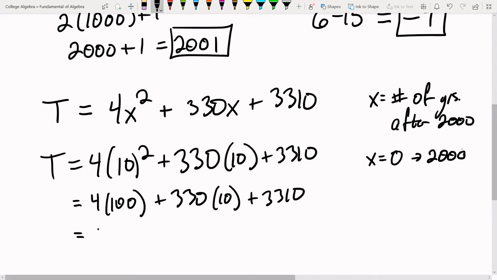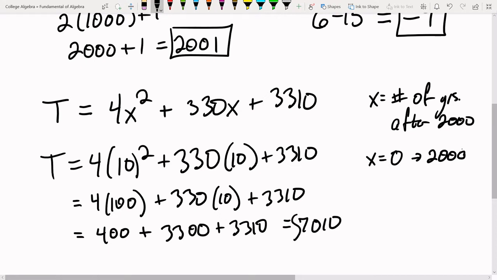And we can do multiplication and division. And doing the addition, we get 6610, 7010. This is the estimate of tuition in the year 2010 for this model.